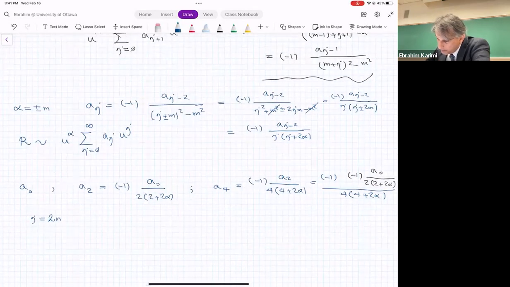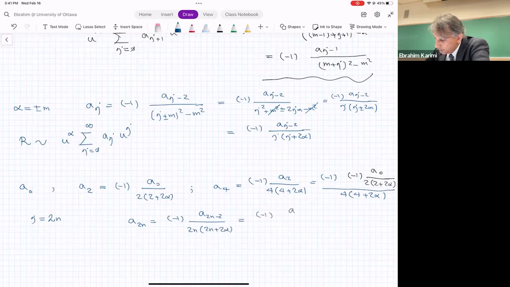So if j is equal to n, then you will get a_2n is equal to minus 1 a_2n minus 2 divided by 2n plus 2 alpha, which will be minus 1 a_2n minus 2 divided by 4 times n plus alpha.